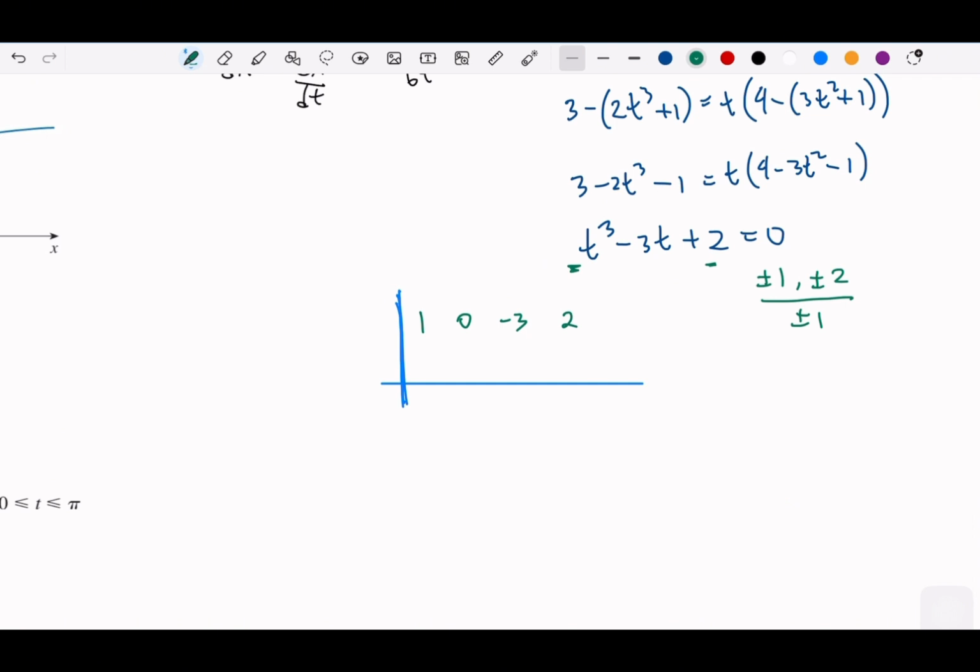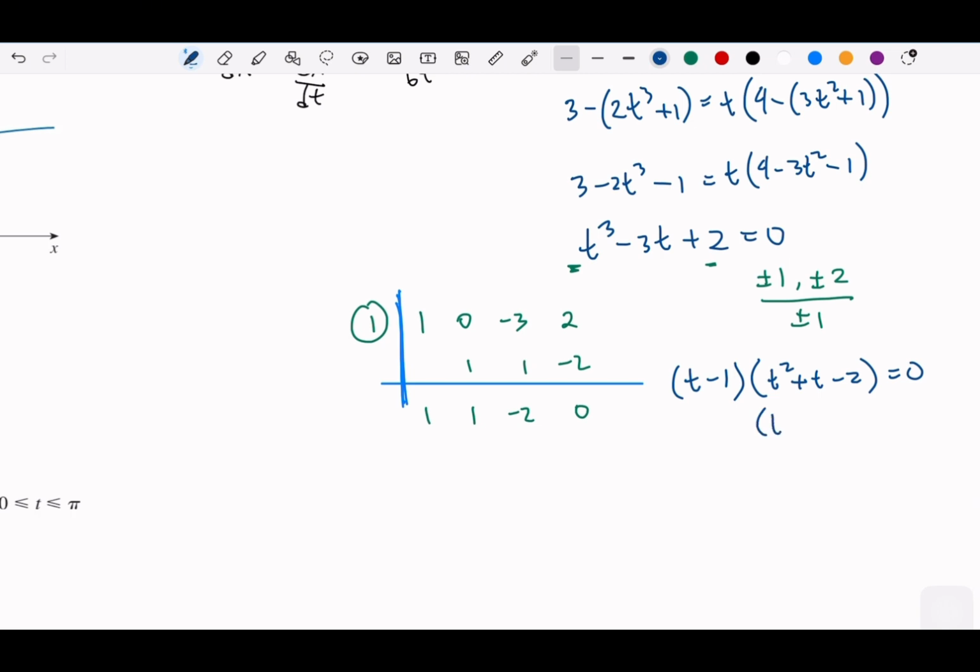So maybe taking 1, maybe this will be correct. So 1, 1, 1, 1, negative 2, negative 2, 0. Oh, this is our factor. So we get 1 as our factor. So the equation becomes t minus 1 times t squared plus t minus 2 equals 0.